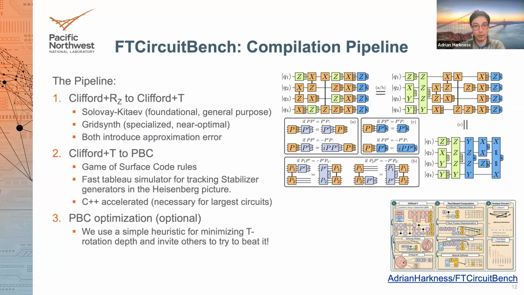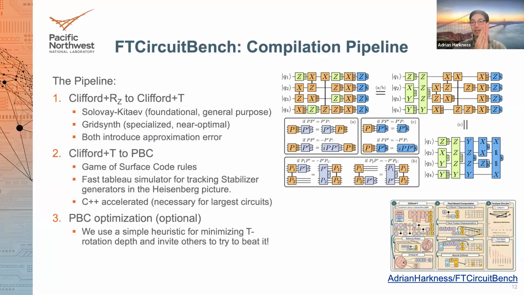One thing that we include as an optional optimizer is a heuristic algorithm that looks at your Pauli rotation strings and tries to find nearby ones that commute or anti-commute. So if you have two identical strings with the same phase, they can merge into essentially an S gate, right?